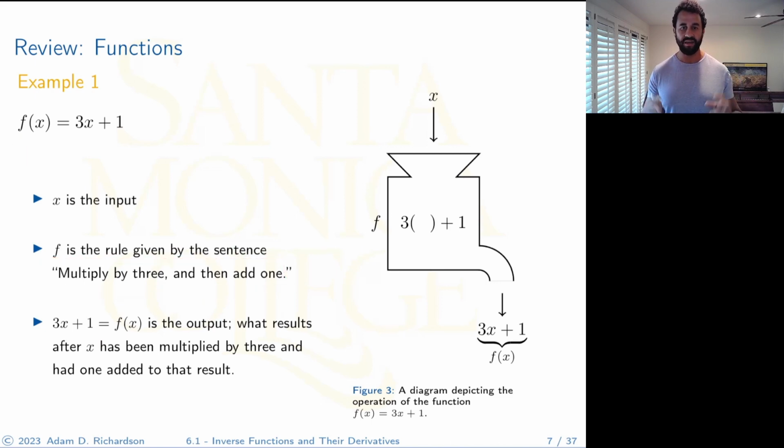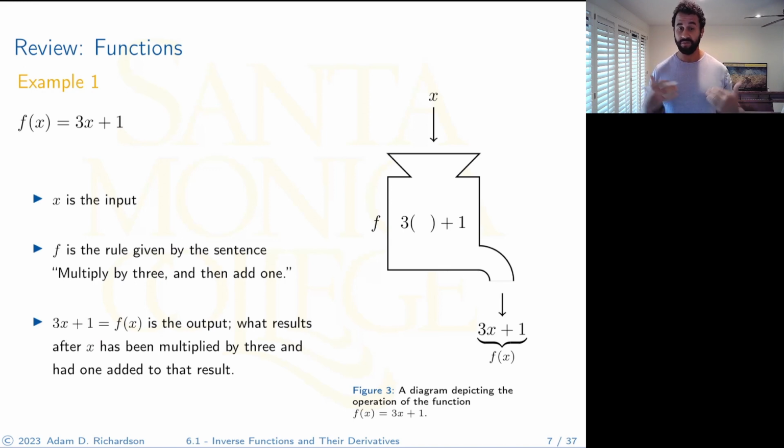When I say f, I mean multiply by 3 and then add 1. That's what f means. So what does this function do? It takes your input, multiplies it by 3, and then adds 1 to that result. That's like the sticker, right? f is the sticker on the side of the box that says, hey, this box multiplies by 3 and then adds 1.